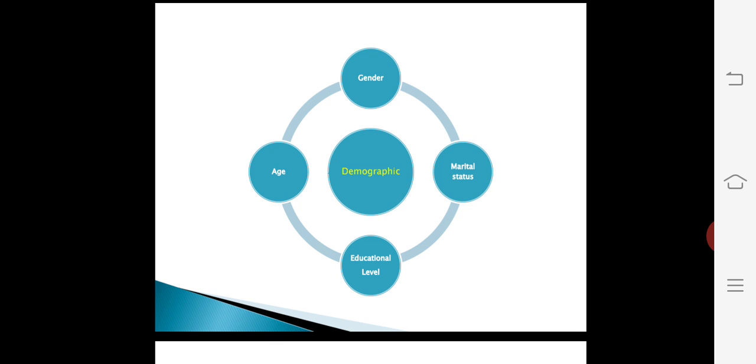So keeping in view the gender of people, or the gender segment, the marketers may divide the market or concentrate on one particular area. For example, Raymond's, the garment producer, produces its products targeting the male section. Similarly, Aurelia and companies of that kind produce garments targeting the female section.